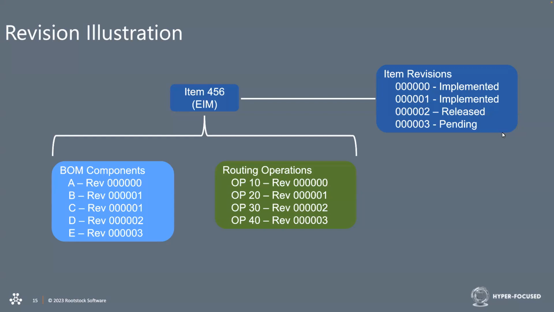Both of those were implemented. Then revision 2 was released, and that was when component D and operation 30 were added. Now revision 3 is out there, probably for planning purposes, and it includes E and operation 40, but that's a future state. It's still on revision number 2.